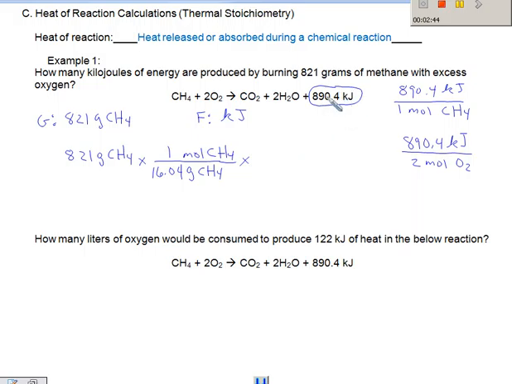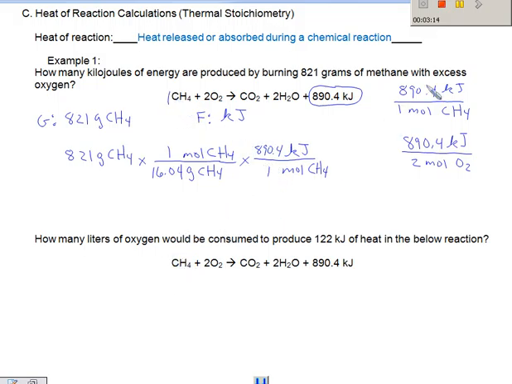Or we can go back to the balanced equation here. And so we have kilojoules to the top. We have moles of methane in the denominator. This says we have 890.4 for every 1 mole of methane.